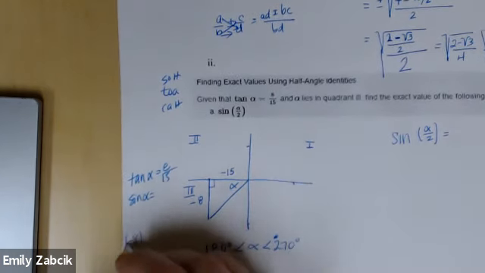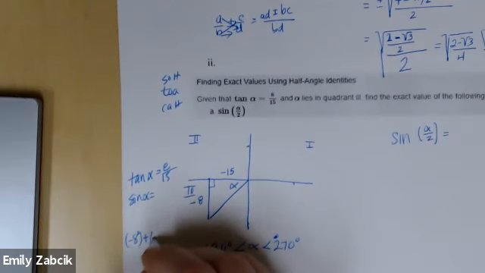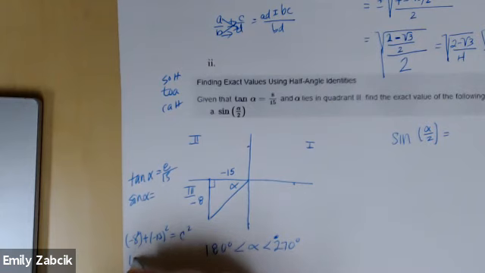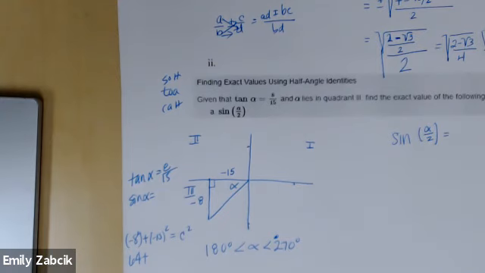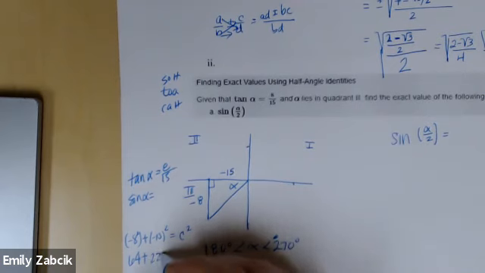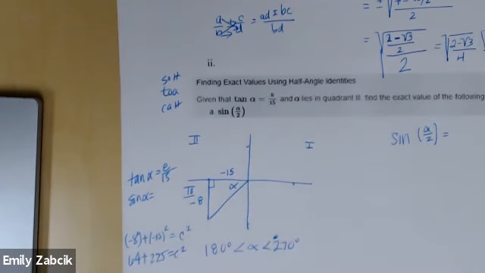Let's do -8 squared plus -15 squared to give me c squared. So that's 64 plus 225. So it gives you 289.